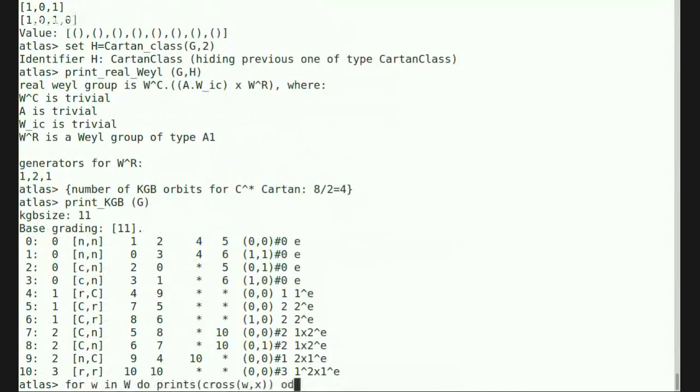And let's look again at KGB. Let's take X to be the one coming from this Cartan, Cartan number 2, so that is KGB element 5.